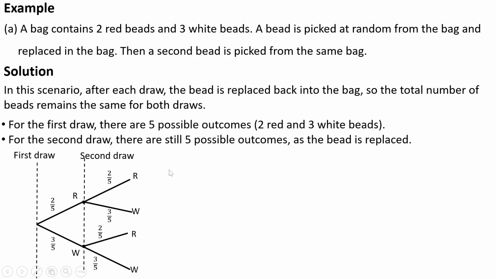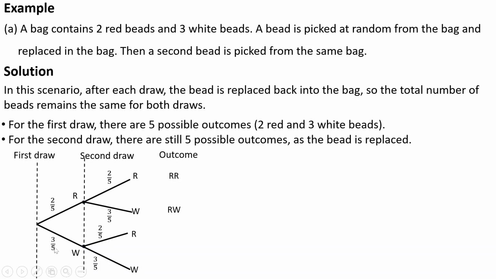So we can say the outcome on this route up to here is red, red. Then this route from here up to here has the outcome red, white.